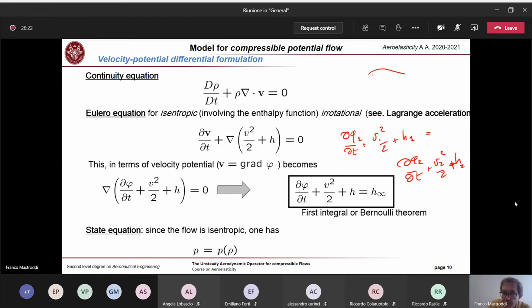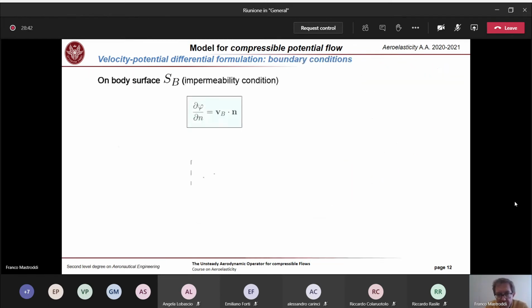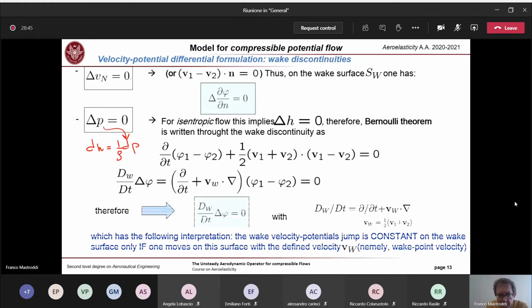Therefore, if we have our wake with the discontinuity, and here we have point 1 and point 2, up and down, you have that delta h is 0, and therefore you can simplify this quantity, and then you can apply the same kind of consideration on defining the wake velocity as the average between the velocity up and down, and therefore you have the same role as concerning the delta phi discontinuity. Identical for compressible flow.